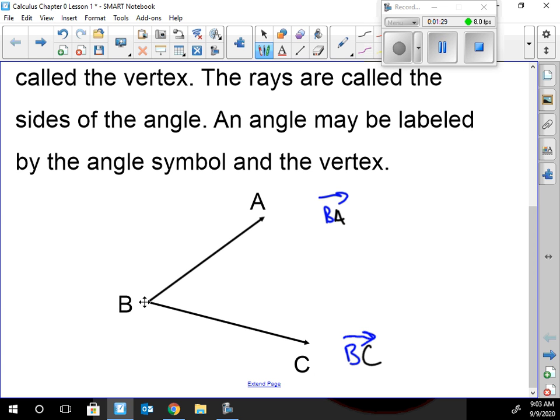Those two come together at the vertex, which is B. We can name this angle by calling it either angle B, or angle ABC. That should all be stuff that we learned in geometry. As a matter of fact, I know it was because I taught you geometry.